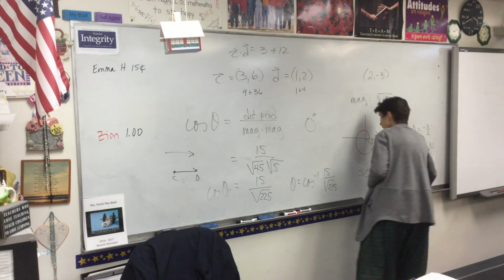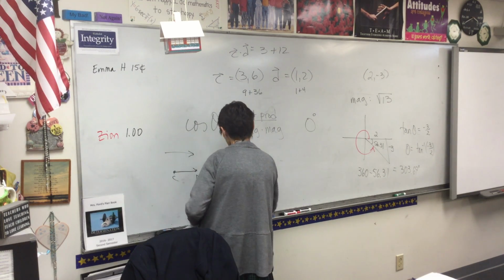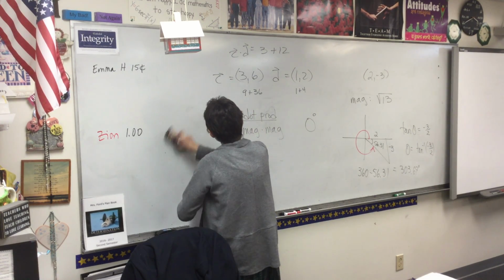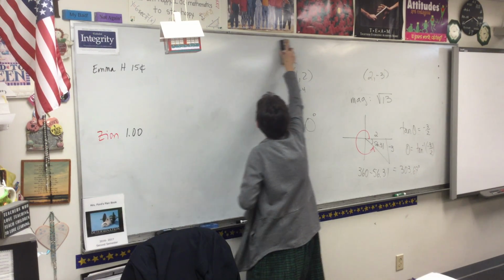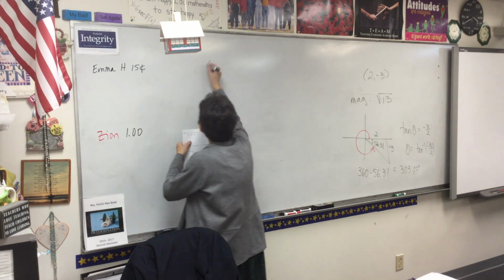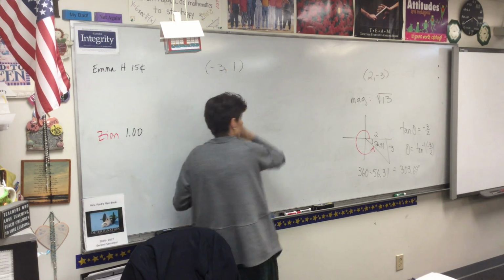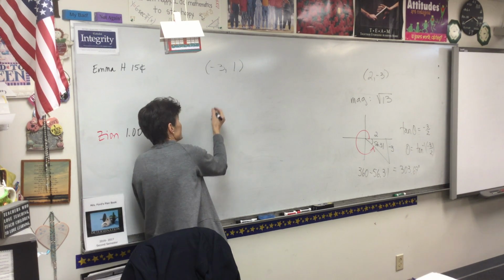All right, so now we've got number 4, which is one that a couple of you asked about on the quizzes that we returned. We're going to find a unit vector. Joe, this is one you asked me about. What is the first step if I want to find the unit vector for -3,1? Find its magnitude.